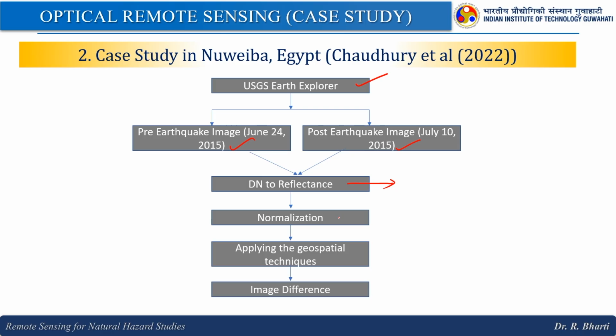Then we had the normalization, and then similar to the previous study there were different geospatial techniques that were used, and then we identified the image difference. So, different geospatial techniques were used to identify the surface changes.